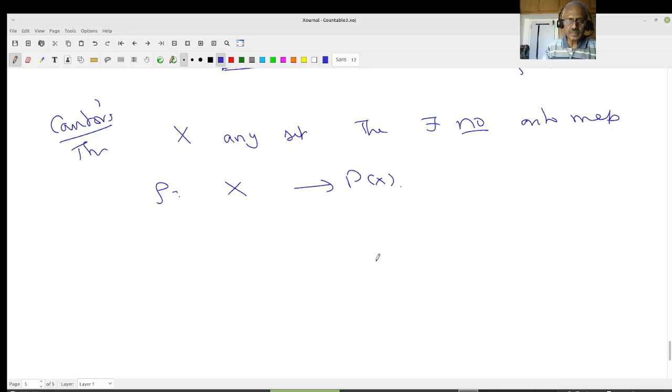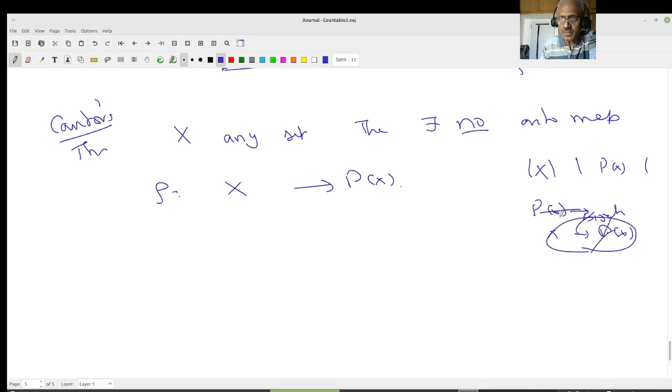Are you following this? Try to understand what this is. Suppose X and P(X) have the same cardinality, then there should be a bijection from X to P(X), right? That means this bijection will naturally be onto. I already know cardinality of X is less than or equal to cardinality of P(X) because there is a 1-1 map.